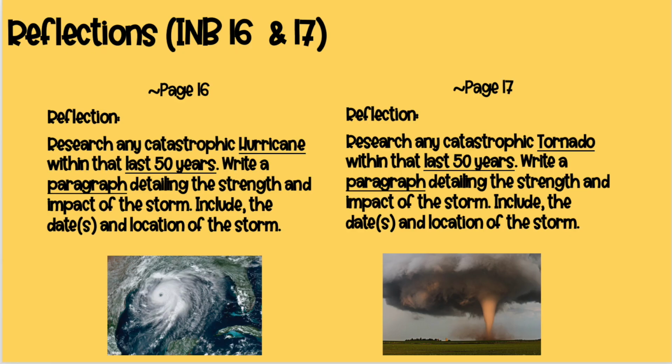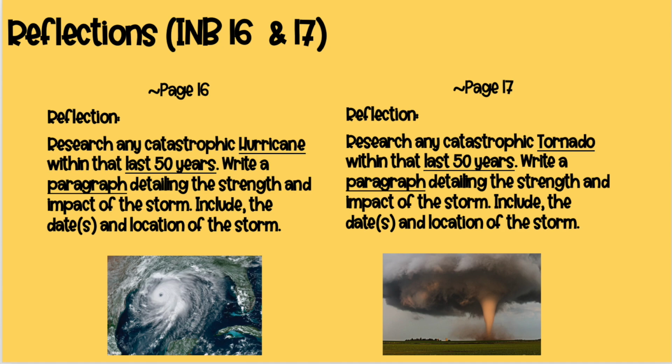For today's reflection, you will be using page 16 and 17 in your notebook. So you have two different reflections, but it's the same activity on both sides. On one side, you're going to research any catastrophic hurricane within the last 50 years. Write a strong paragraph detailing the strength and impact of the storm.